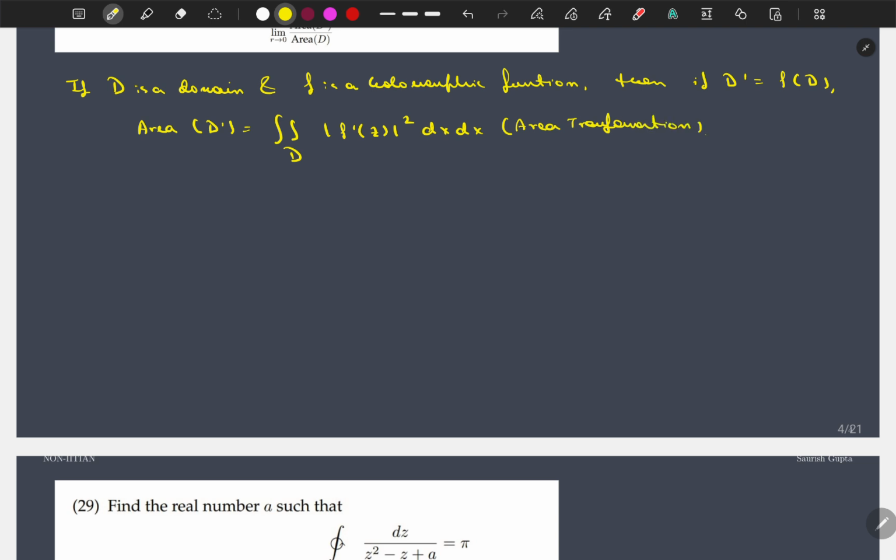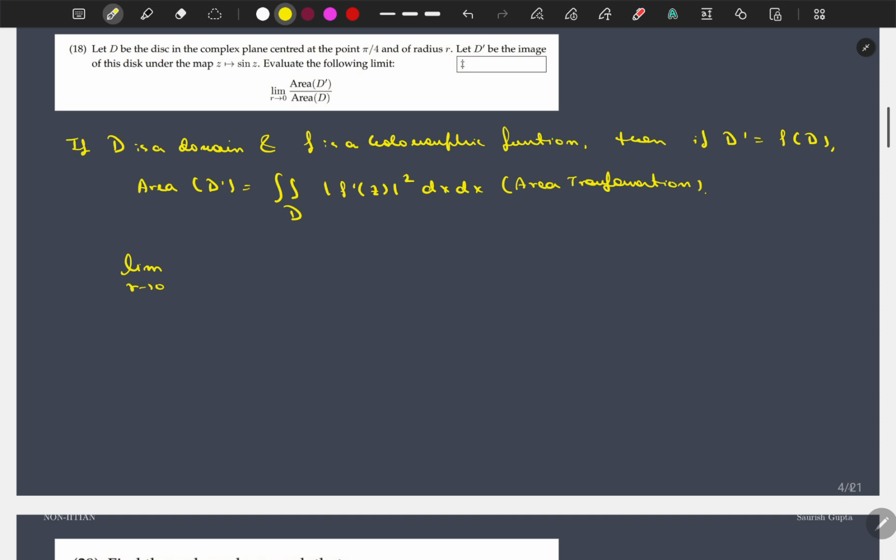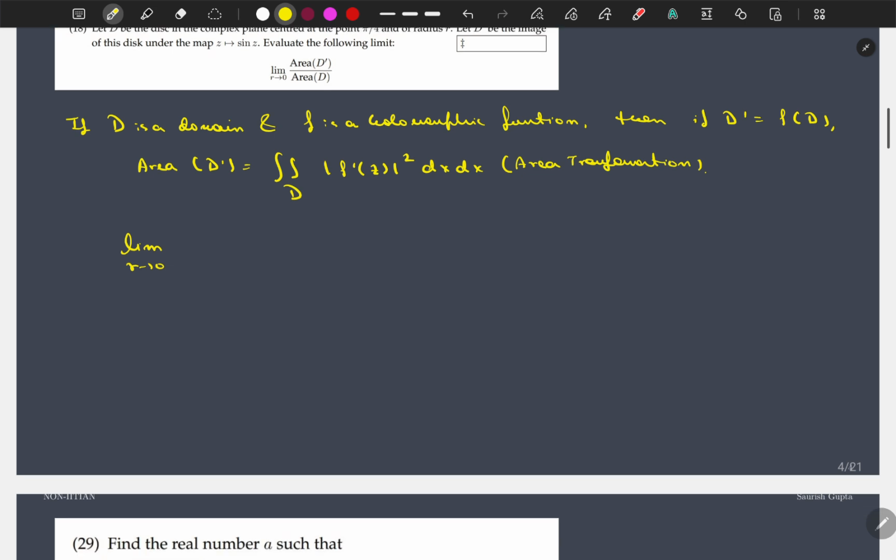But the funnier part comes now: the limit as r goes to 0, where r is the radius of the domain. You can just think of this as a disk. Rather than domain, let me use the term disk. This is the radius of the disk.